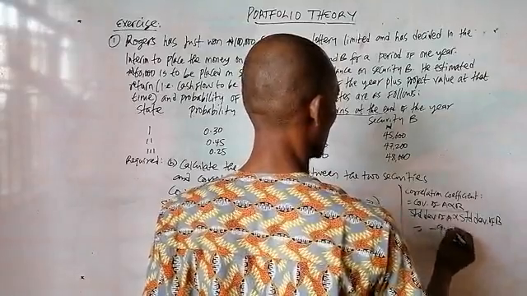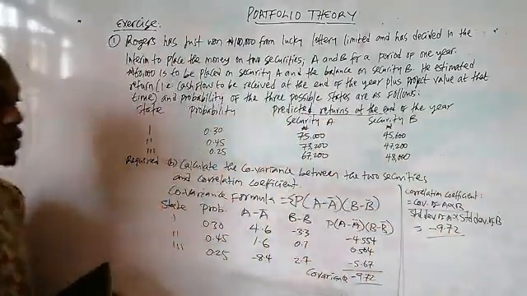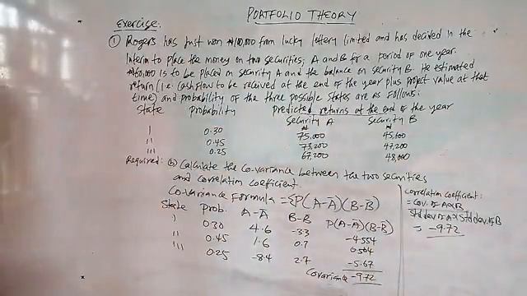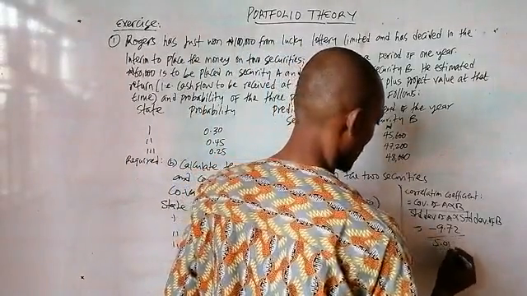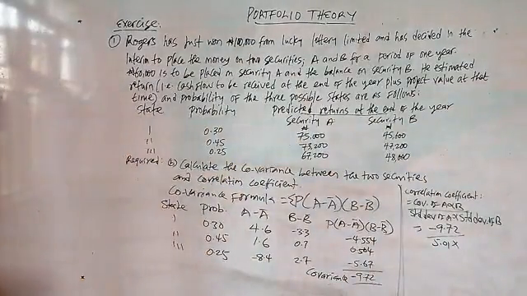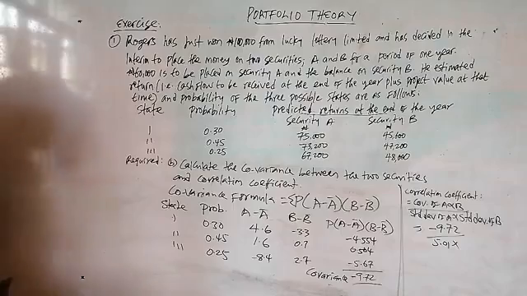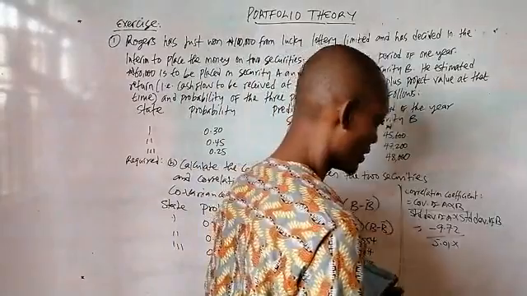Minus 9.72 all over. So what is the standard deviation of A that we computed the other time? I think the risk for A we computed to be 5.01, multiplied by the standard deviation for security B, 2.311. Remember 2.311.